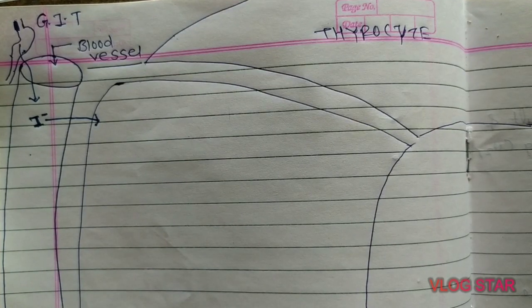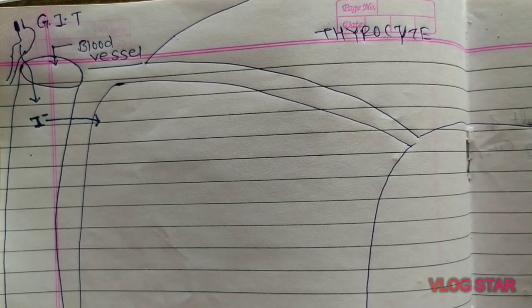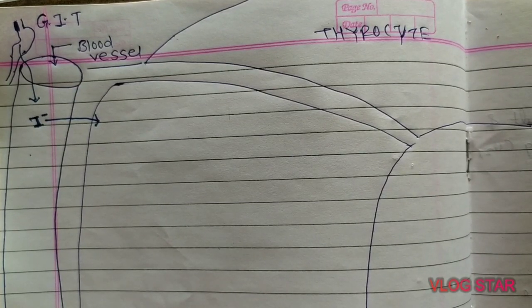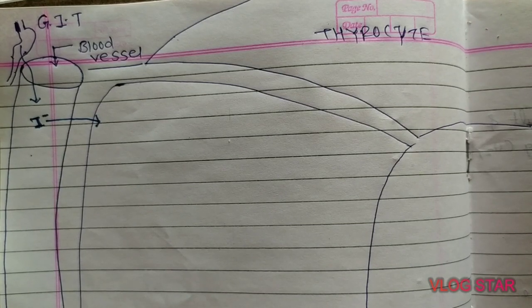This is not a simple process. Iodide is a charged molecule, it has a negative charge, so it cannot diffuse or dissolve directly into the lipid.